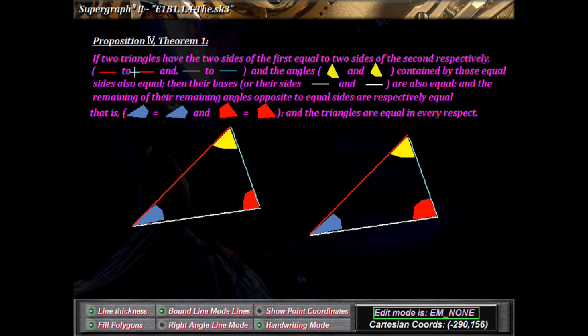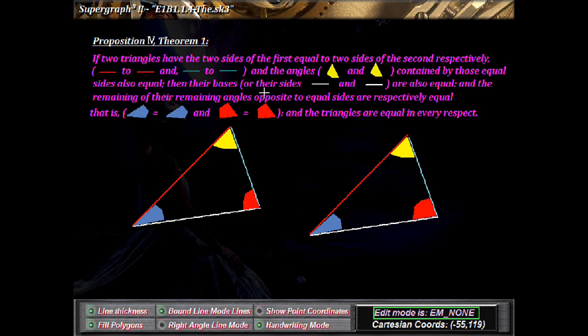That is, red equals red and blue equals blue. Red, blue. That's what they're saying. You see how efficient this mode of communication is? And the angles, yellow and yellow, contained by those equal sides, which is what they are, also equal.